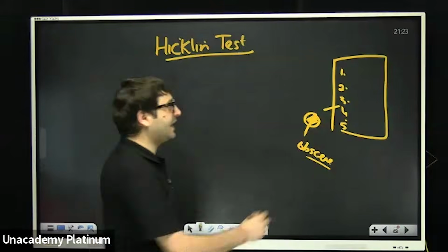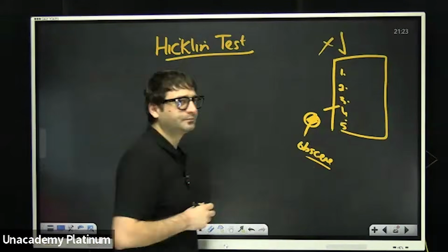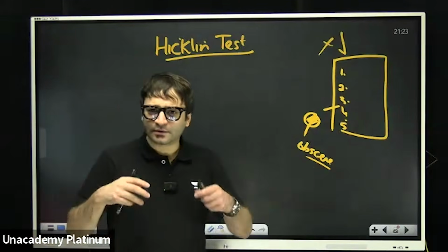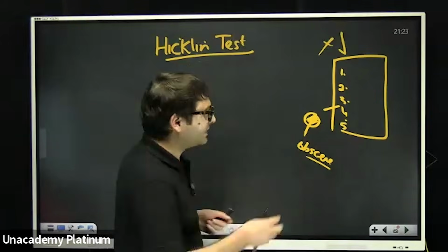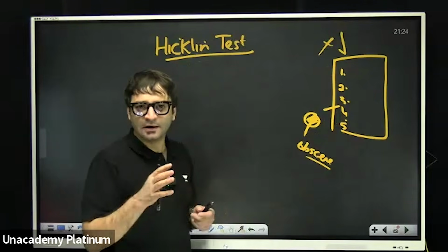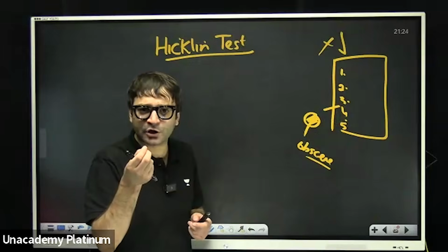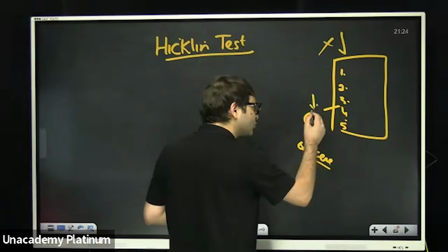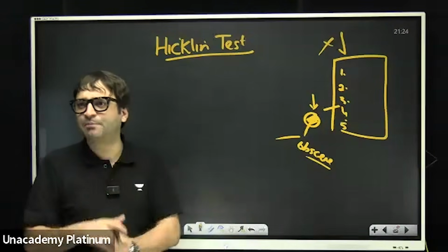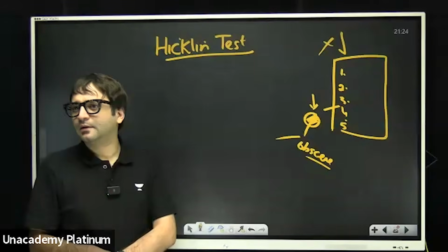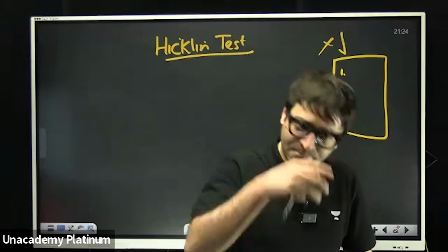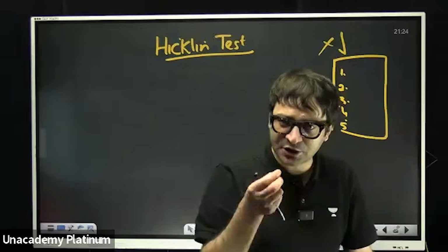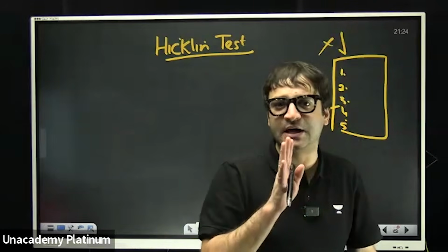Hicklin test prescribes that the entire book should be banned. Normally here, the doctrine of severability should come into the picture, which means if the entire book is not obscene, a part of this book is obscene, you remove that portion and let others read the remaining part of the book. But Hicklin test says, even if a part of this book is obscene, ban the entire book. Even if a part of this movie is obscene, ban the entire movie.